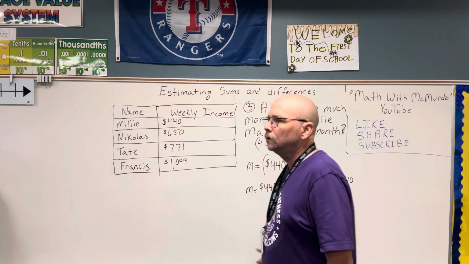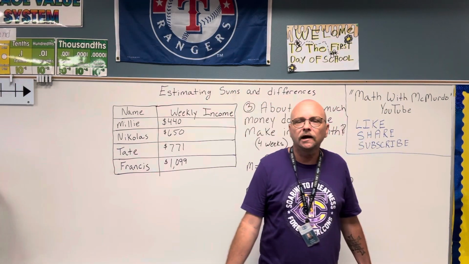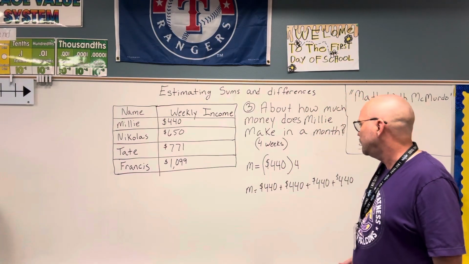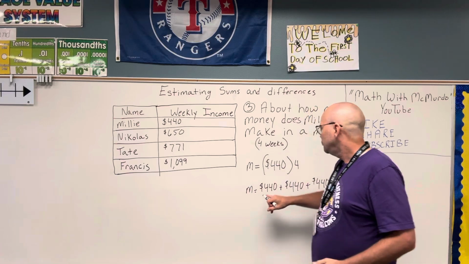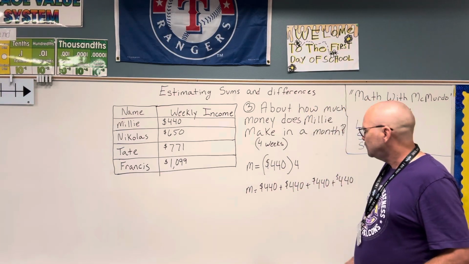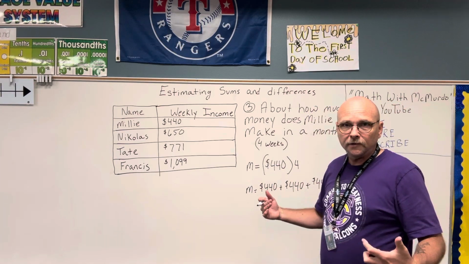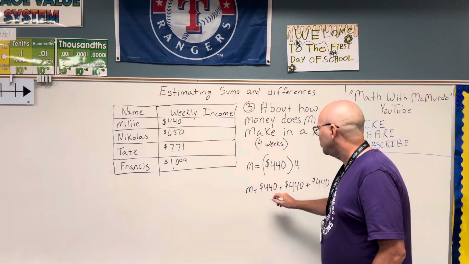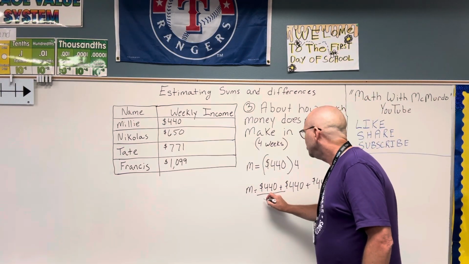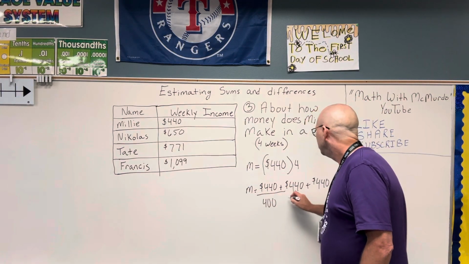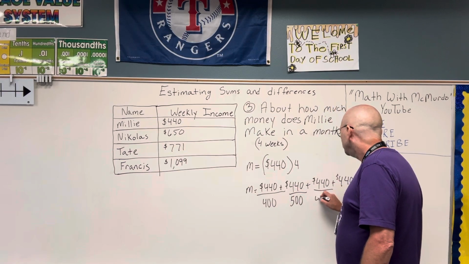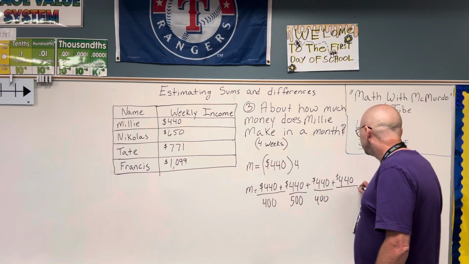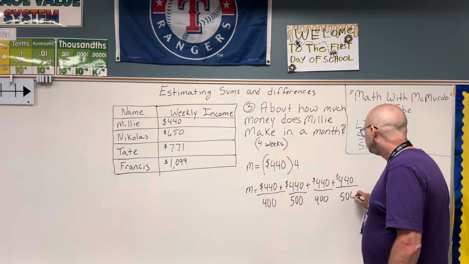Now we have to make an estimation. So we want an estimation to be in our head. But if I have these like this, I don't have to estimate each of these to the same number. So I might think about, and you may do it differently, making this one 400, making this one 500, making this one 400, and making this one 500.